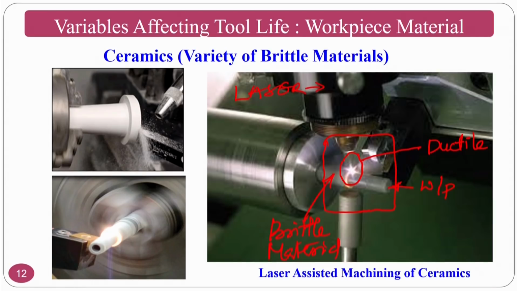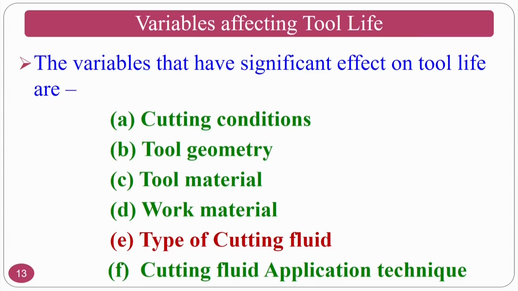One has to use the laser power accordingly, so that it will convert into the ductile regime according to the material, and you have to do the machining operation. This is about the ductile regime machining of brittle materials. One of the examples is laser assisted machining. So now the variables we have covered are A to D, and the next one is the type of cutting fluid.